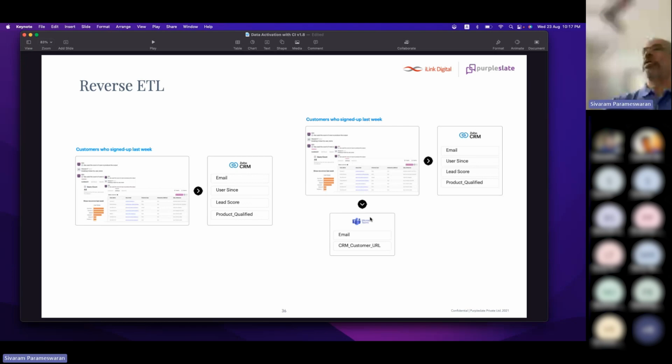It's one of the very popular techniques these days for data activation. It just adds a new layer to the data stack at the end, so the enterprise warehouse acts as the hub, and from there the data now flows back to the business applications.